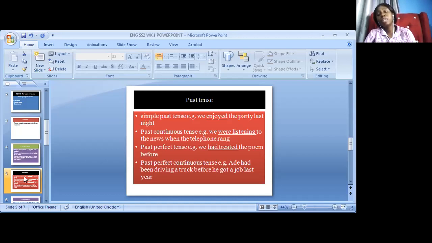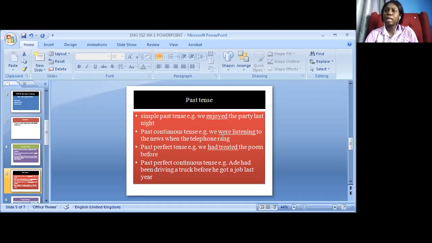All right, the next point here is the past continuous tense. The past continuous tense is used to talk about things happening at a time in the past. It is used to talk about actions that were happening at a time in the past.